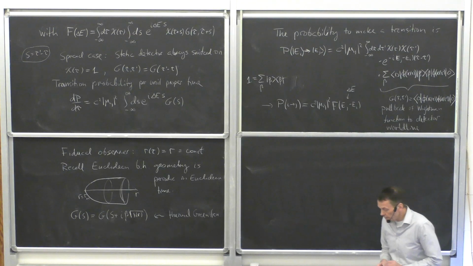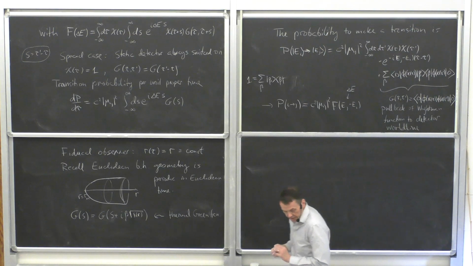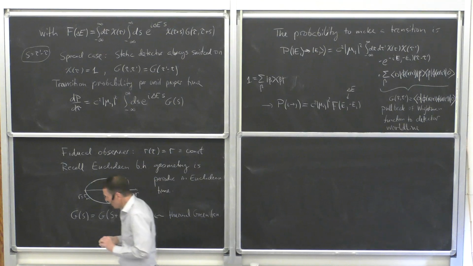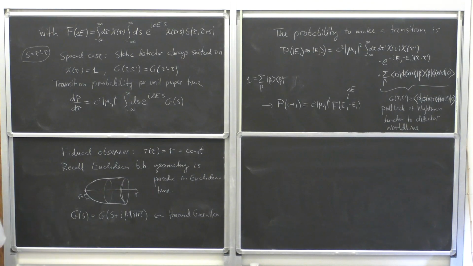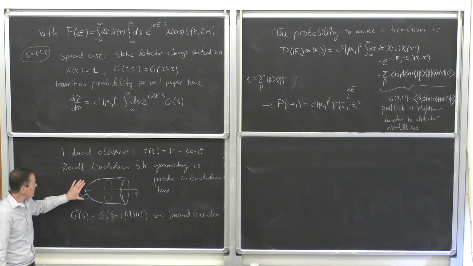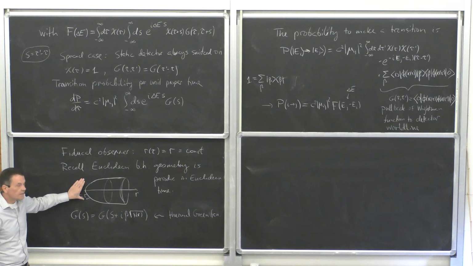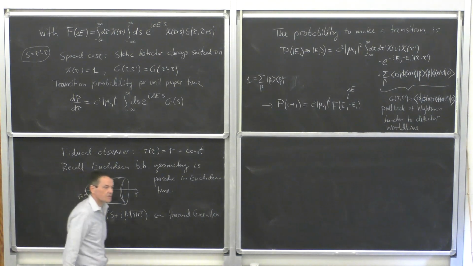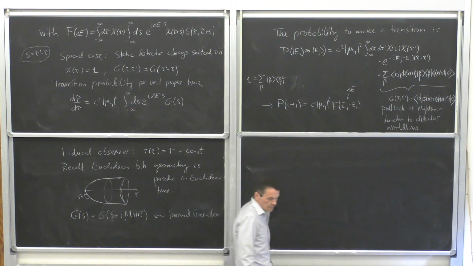And then what Brynjolfsson and I did some while ago, we followed up on this by saying, well, we can actually try to think of this also for infalling observers. Now you need to do a few things there. There's some physics you need to argue for.